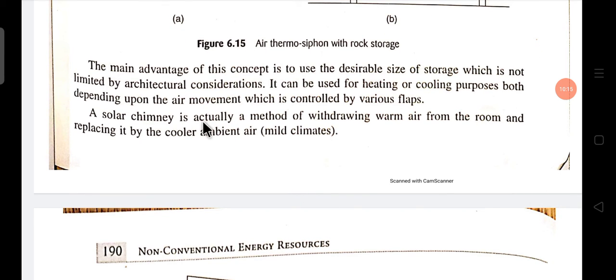A solar chimney is actually a method of withdrawing warm air from the room and replacing it with collector ambient air in a mild climate.